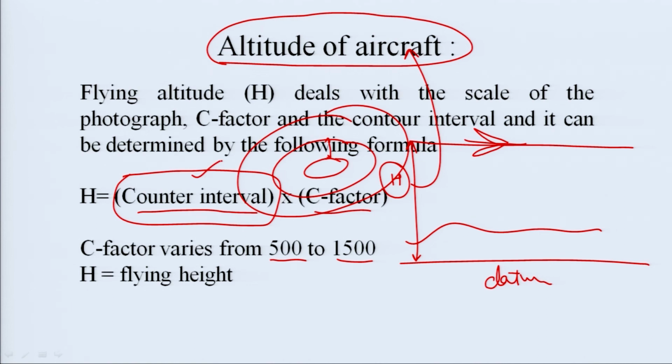In aerial photography, it can be defined as the interval between two different points at the time of exposure. Here this is the contour interval, and the value of the C factor is about 500 to 1500, and using this we can also calculate the altitude of aircraft, that is capital H.